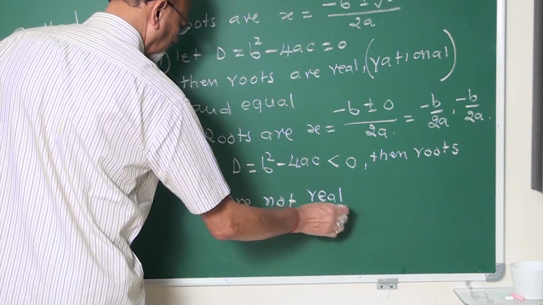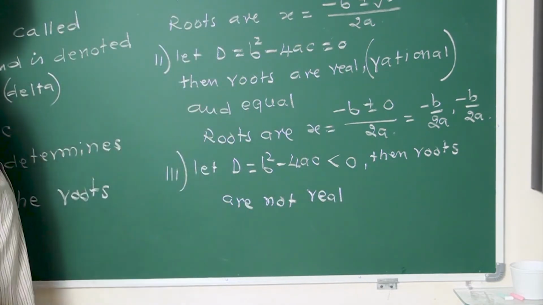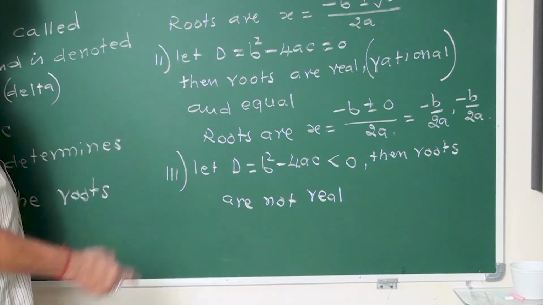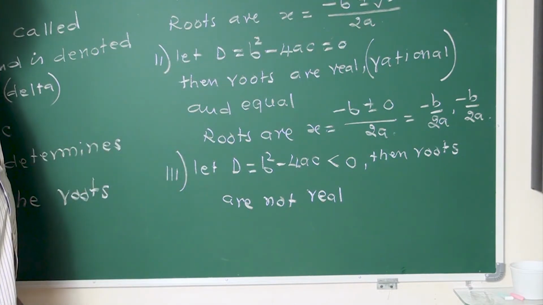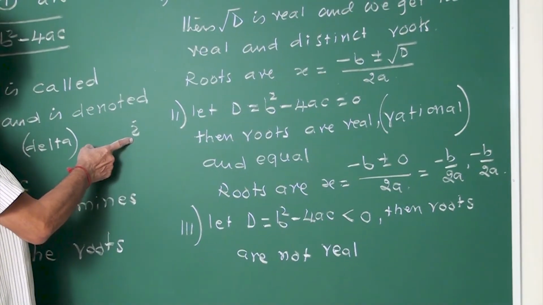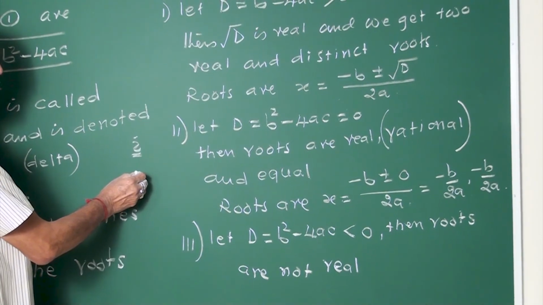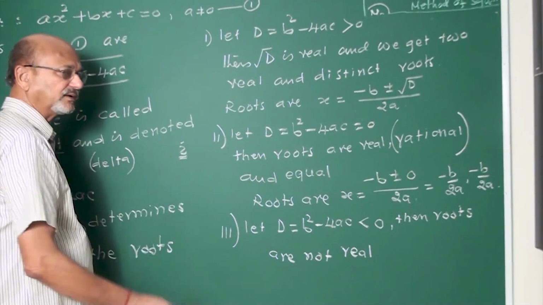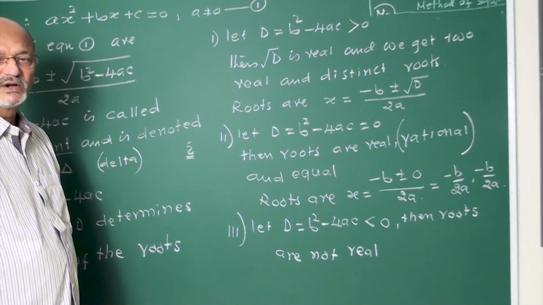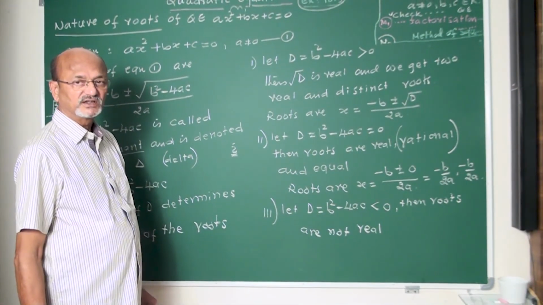Actually, we are not going into detail on it. Simply we write roots are not real, because when a square is negative, mathematicians introduced a new number called the imaginary number, denoted by i. With the help of this, mathematicians introduced another type of number, known as complex numbers, which you are going to study in higher classes.